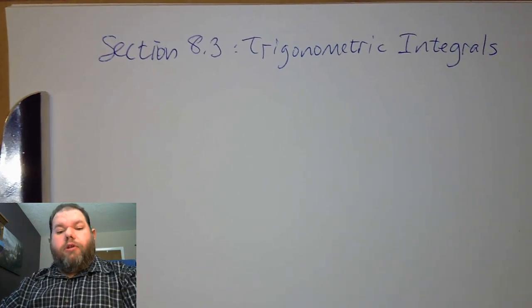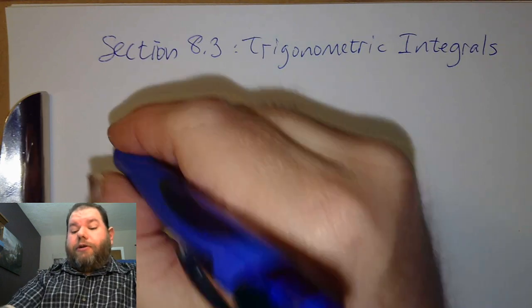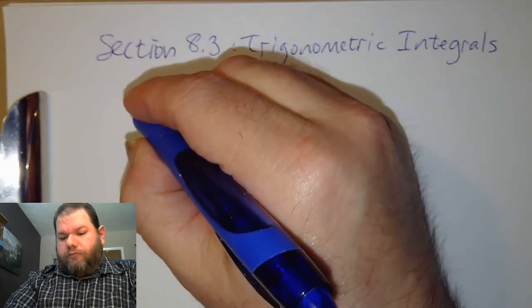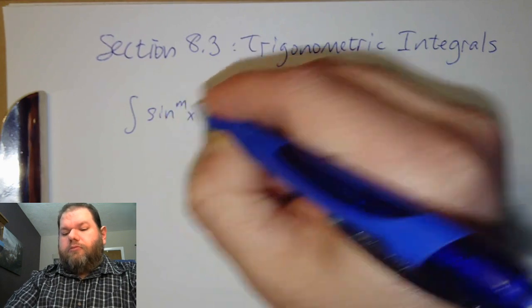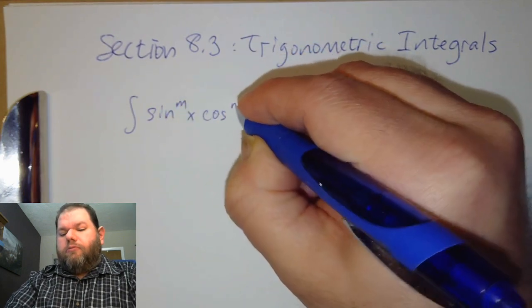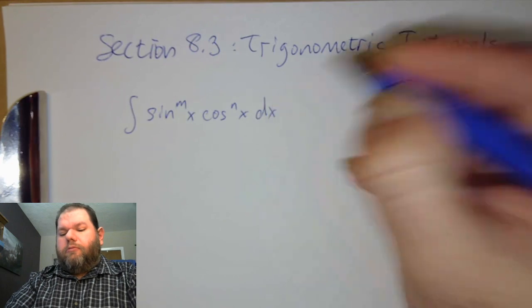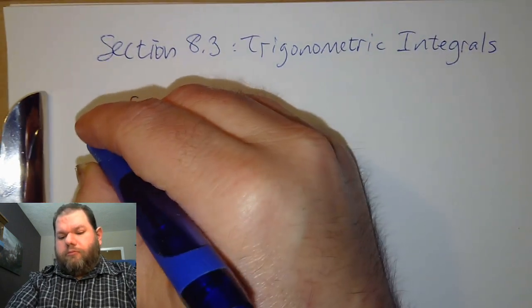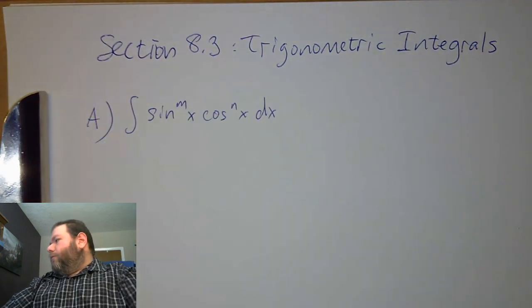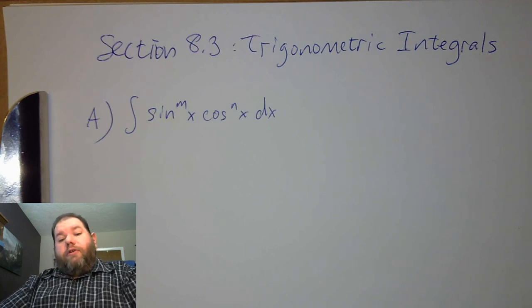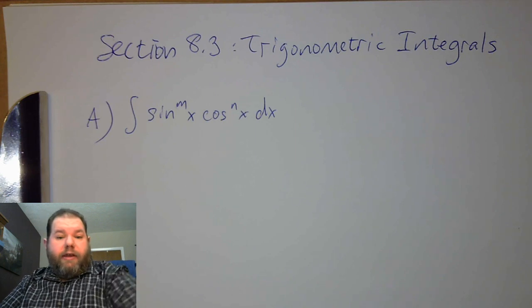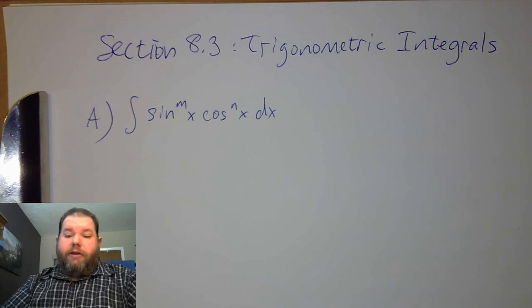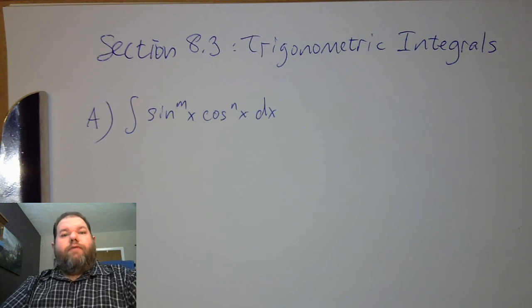So the first one we're going to look at is the sine-cosine product. It turns out here, depending on the values of m and n specifically, this is going to inform us on how to proceed.